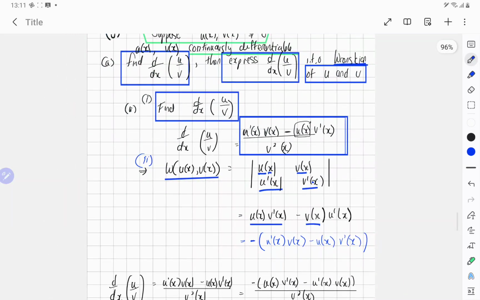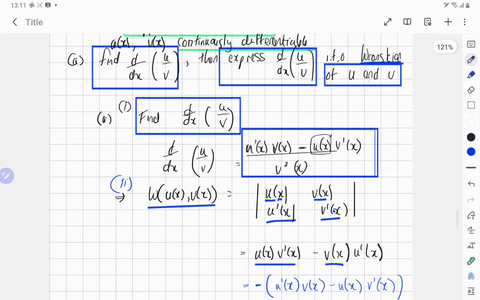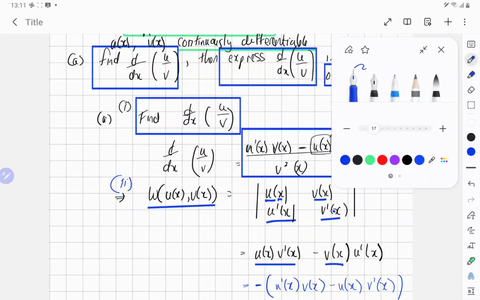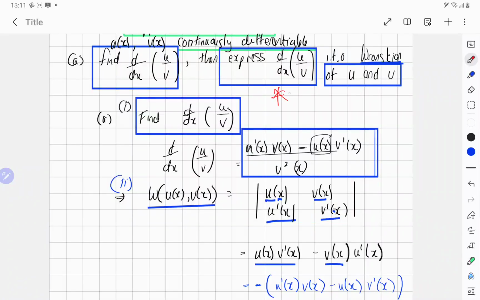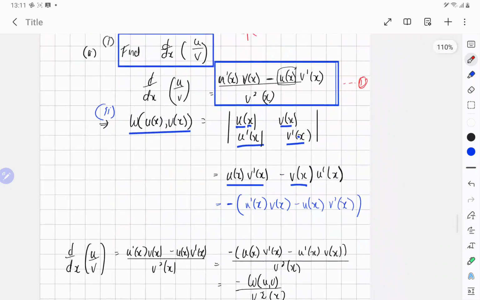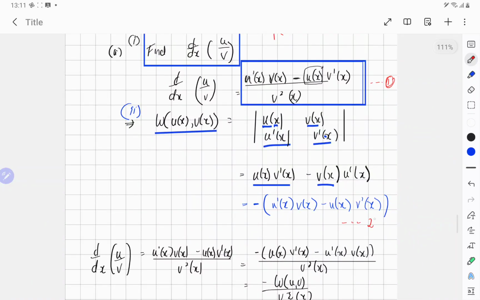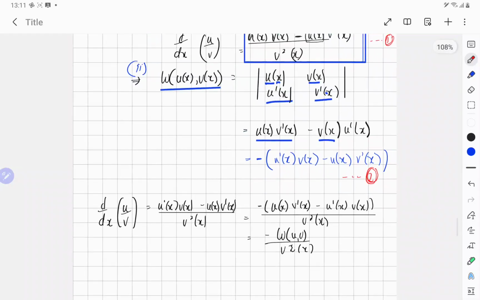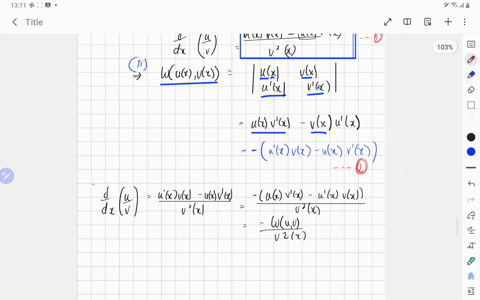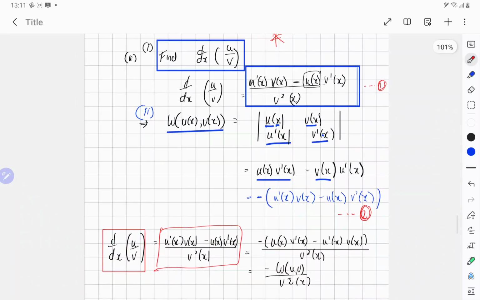Now, a slightly more difficult part. They want us to express our answer in terms of our answer in 2. So that means if I have 1 on the left-hand side, on the right-hand side there must be a Wronskian somewhere.